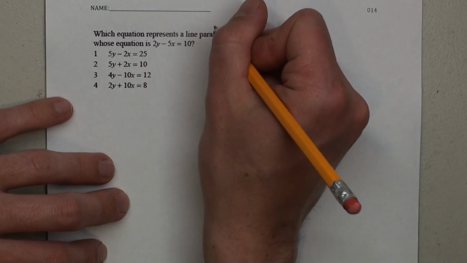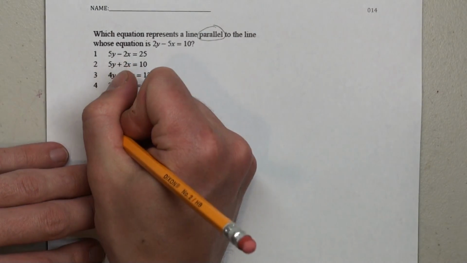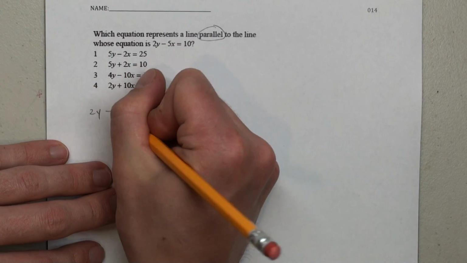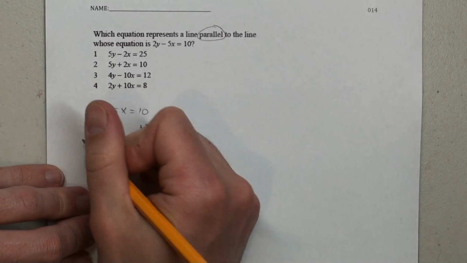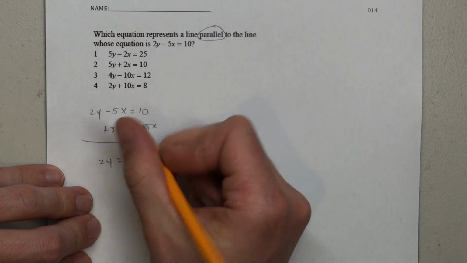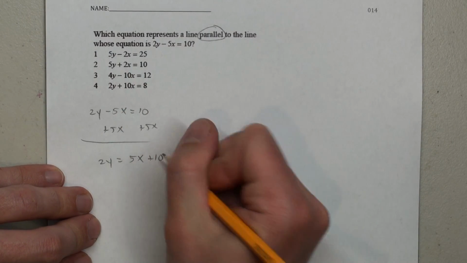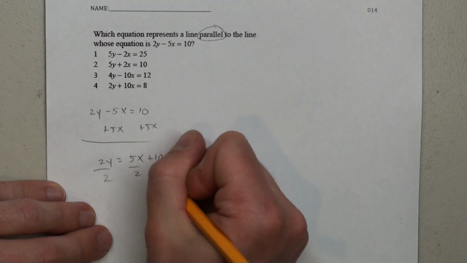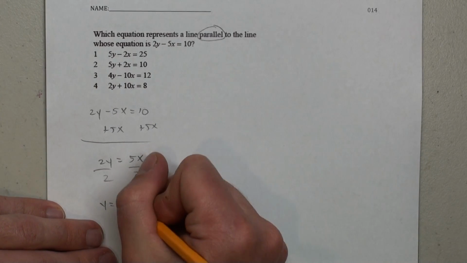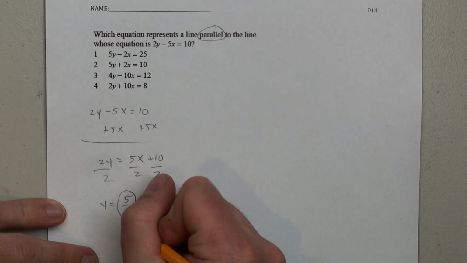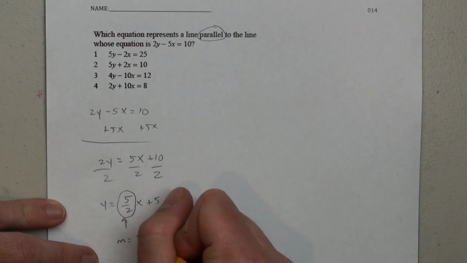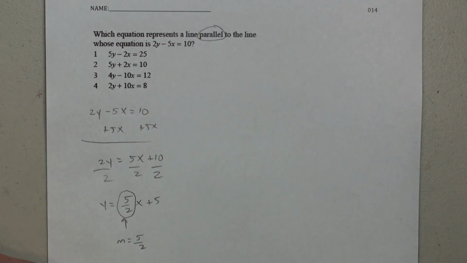Again, parallel. 2y minus 5x equals 10. Add 5x to both sides, you get 2y equals 5x plus 10. Divide by 2. Y equals 5/2 x plus 5. My m is 5/2, my slope.